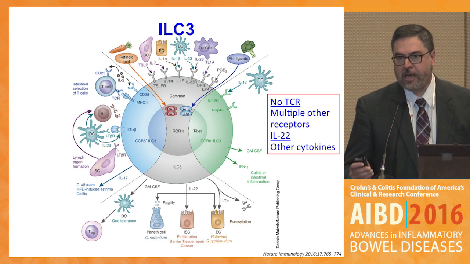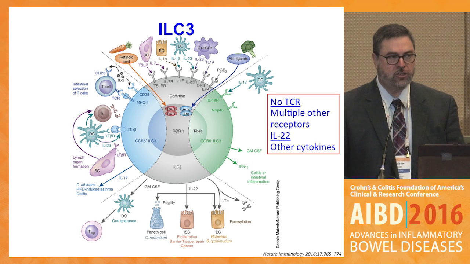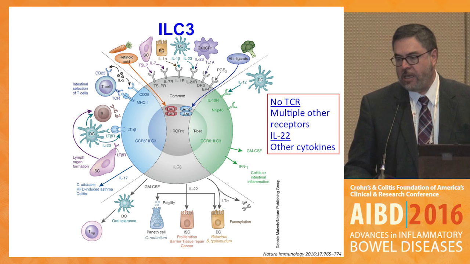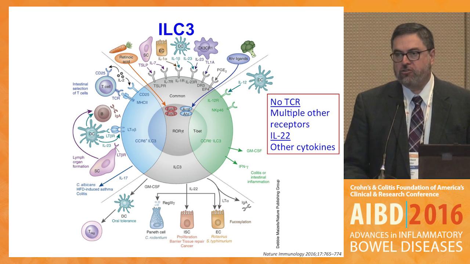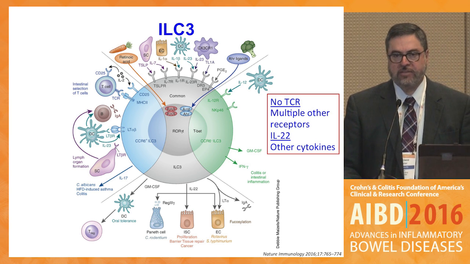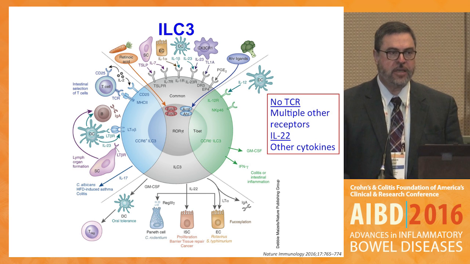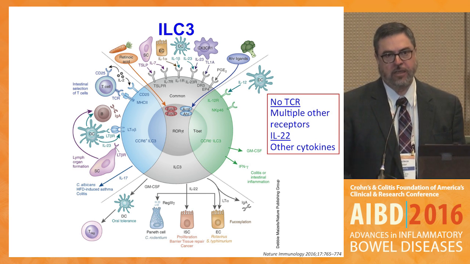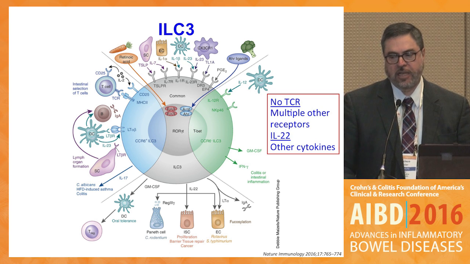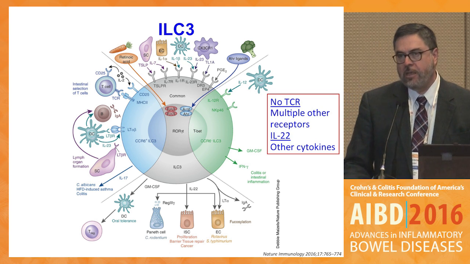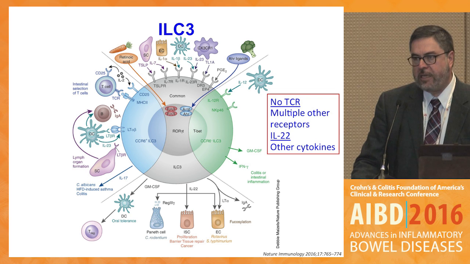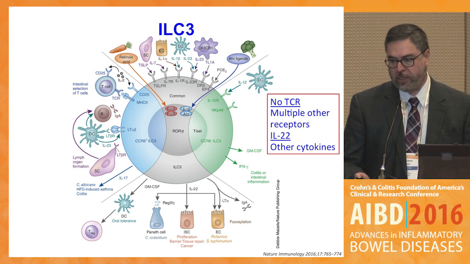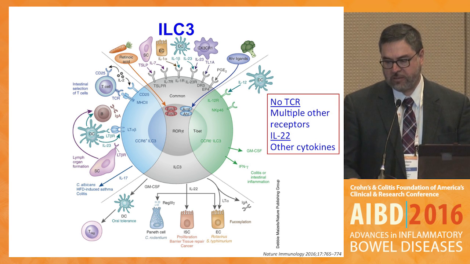Now, the key concept here in understanding the function of these cells is that unlike T cells, innate lymphoid cells do not have a T cell receptor. So they have other receptors that can help recognizing all kinds of things, but they don't have a T cell receptor. They produce very important cytokines such as IL-22, which we're going to examine the potential importance in IBD.